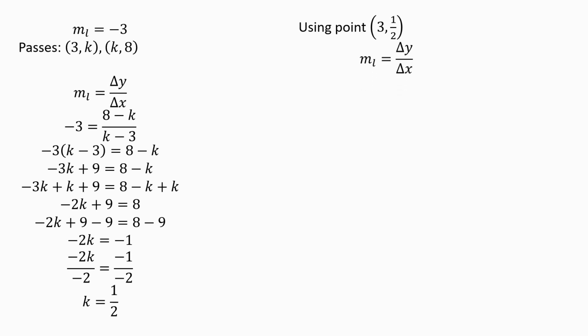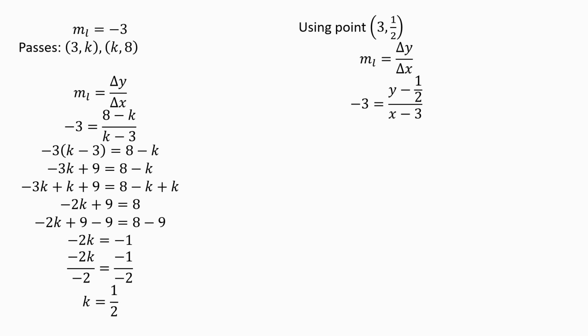We know that gradient is change in y over change in x. We know the value of the gradient is -3, which equals, now instead of having y2 as the second point, we are going to use y minus our y1, which is 1/2, over x, which we are going to use, minus 3, which is our x1.